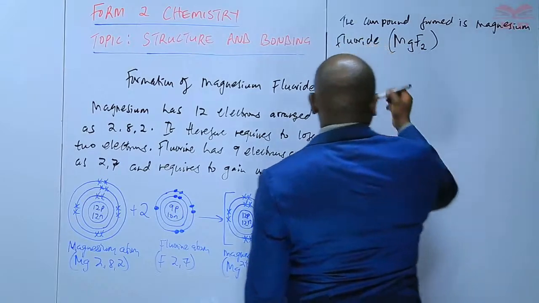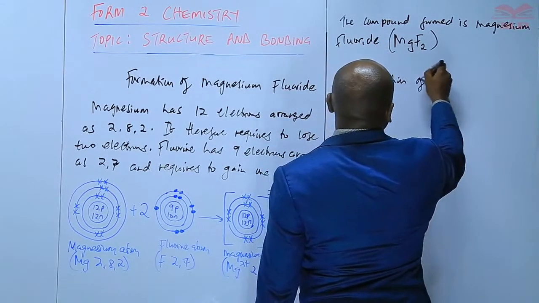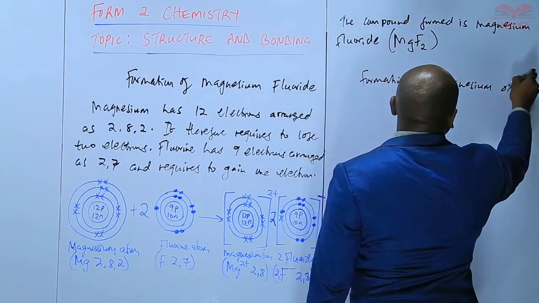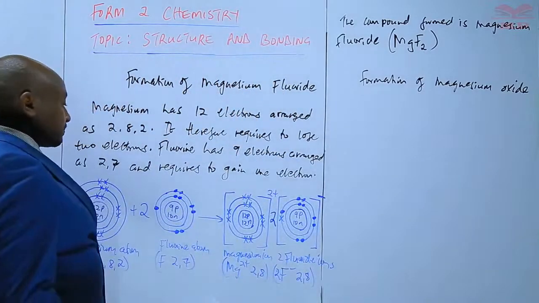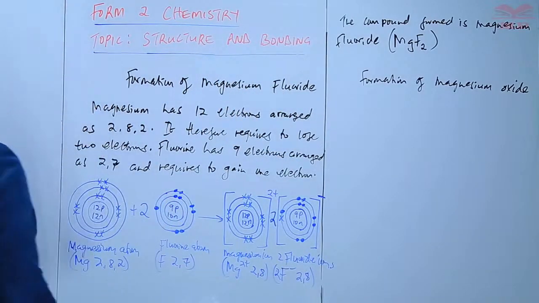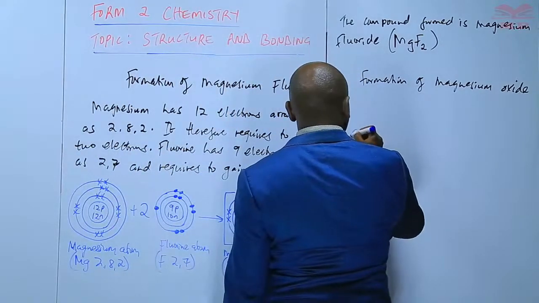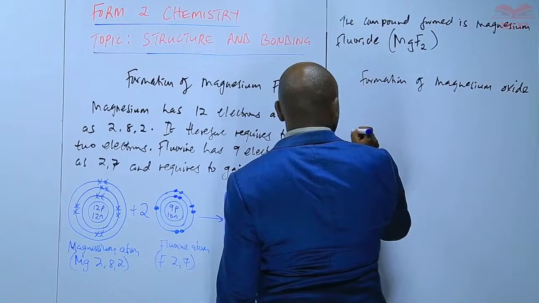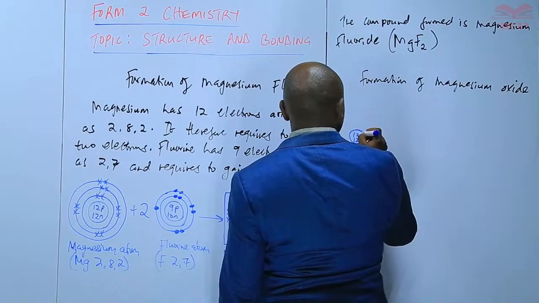So we can also have another one, the formation of magnesium oxide. And this one we can directly go to the diagram. So magnesium and oxygen. 12P, 12N.